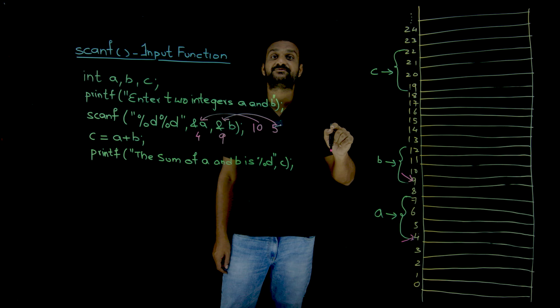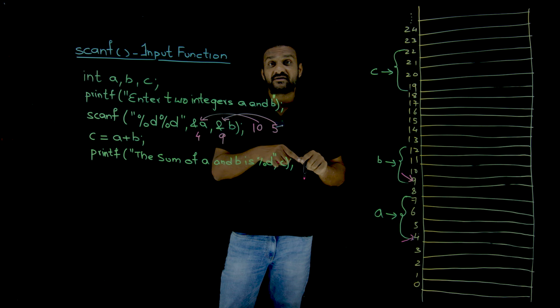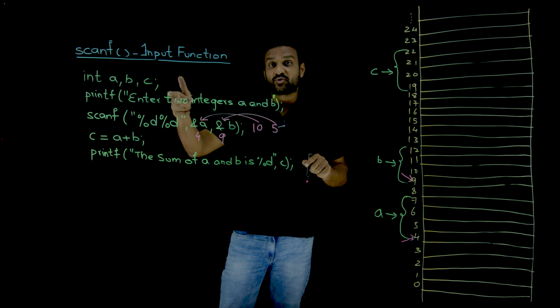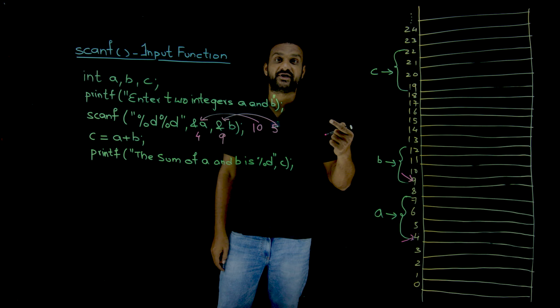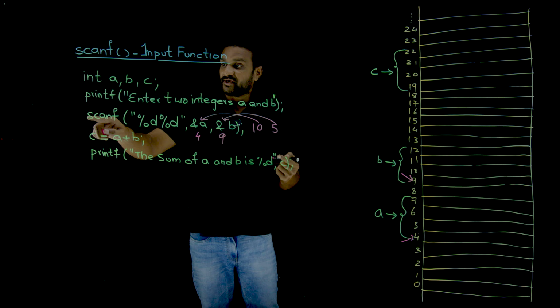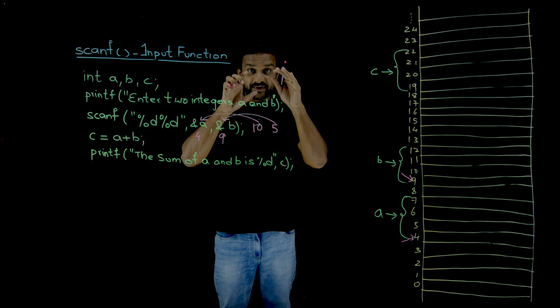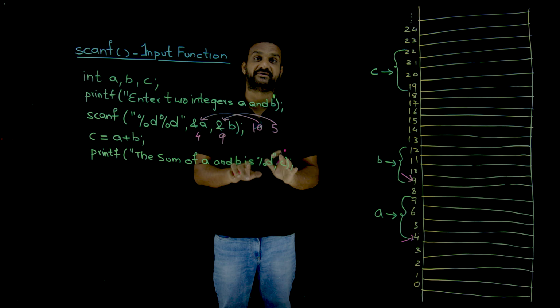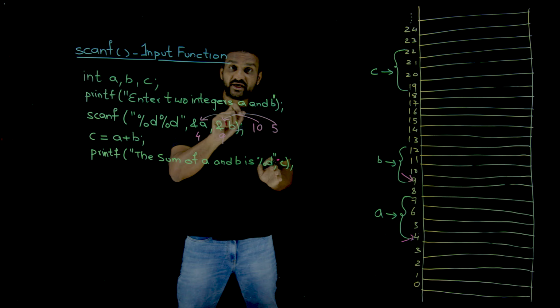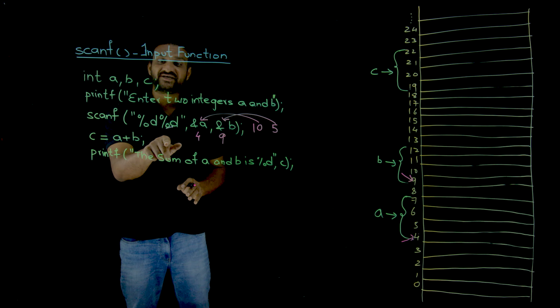Once enter is pressed, we are giving the program a signal that the next line of code can be executed. In this line of code, your computer will wait for the user to give the inputs. Now this line will get executed.